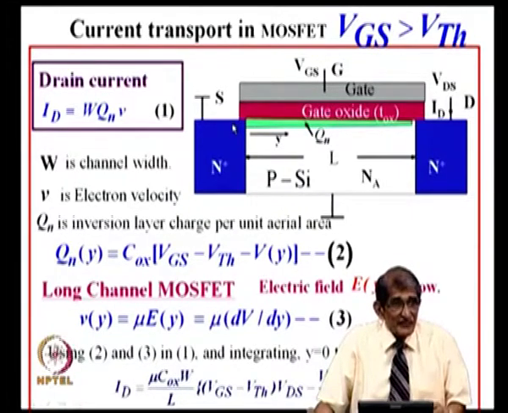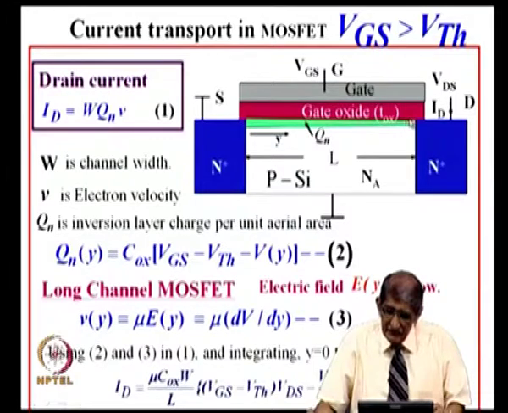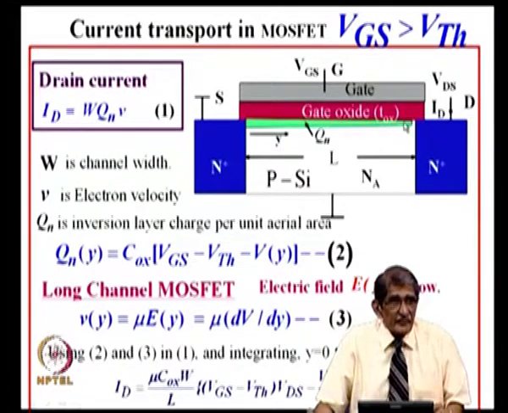That is the same, because this is C oxide into VGS minus V threshold. So, the charge here remains the same as when it was just opened. If there is a lightly doped region on the drain, the depletion layer will move into the drain region, but this opening will remain there.